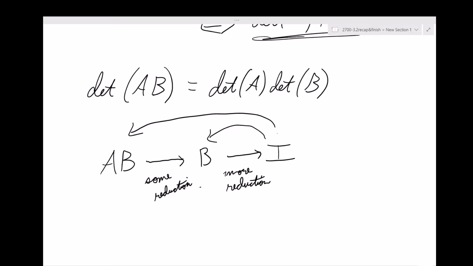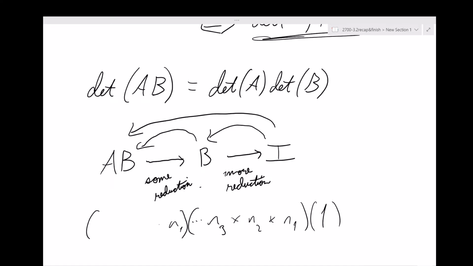The determinant of the identity matrix is just 1, and then I would have whatever string of numbers pops up in order to get it to determinant of B. So we have some numbers here, negatives for row switches, whatever numbers for scaling, and then I would go up, and then when I perform my operations to go from B back to AB, I would get some other string, and then this would be precisely the operations that get me from the identity to B, so that's determinant of B, and then these would be precisely the same row operations.